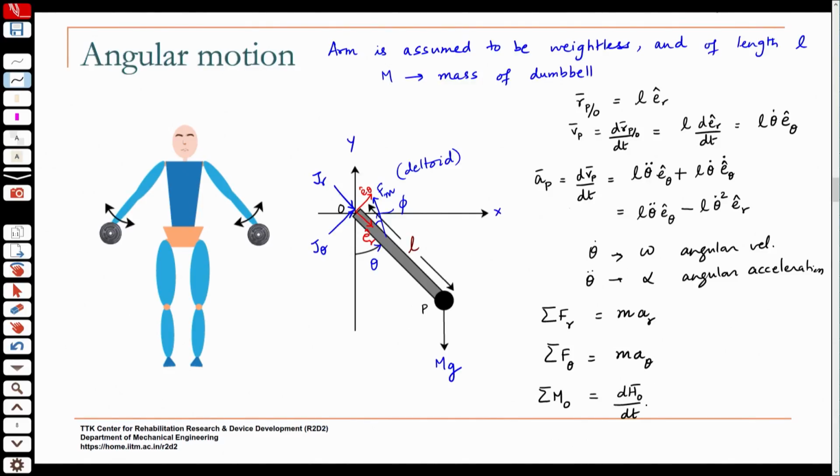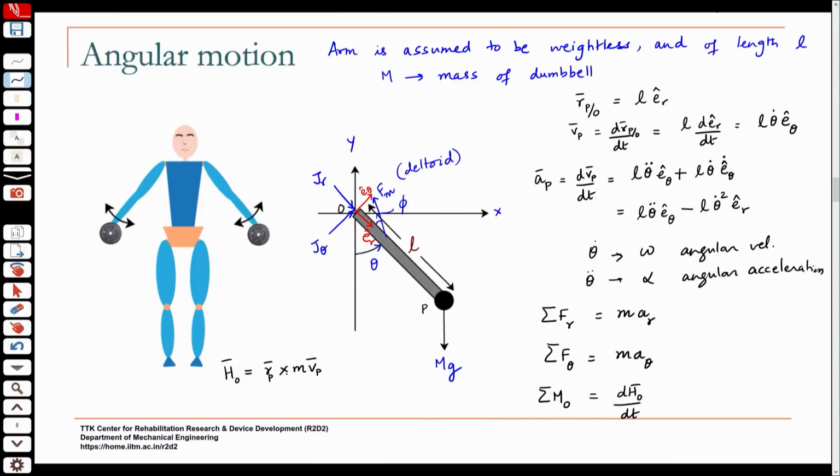So, let us compute the angular momentum. I have only one particle here, I am assuming the rod is weightless. Okay. So, my h naught is only r p cross m v p.